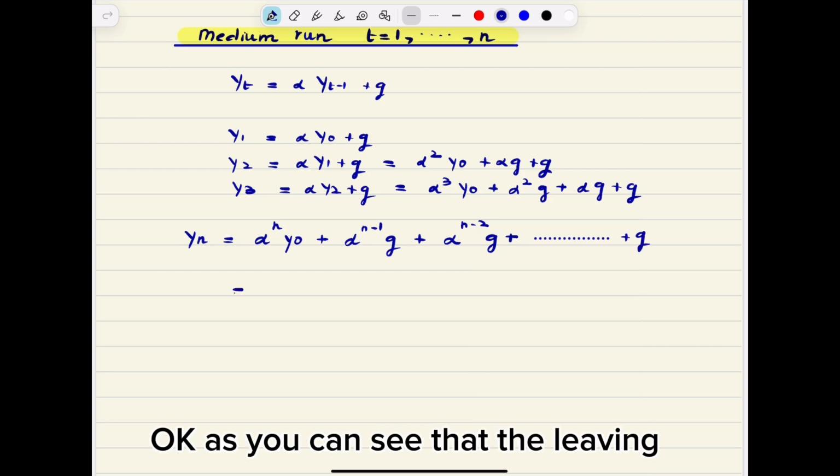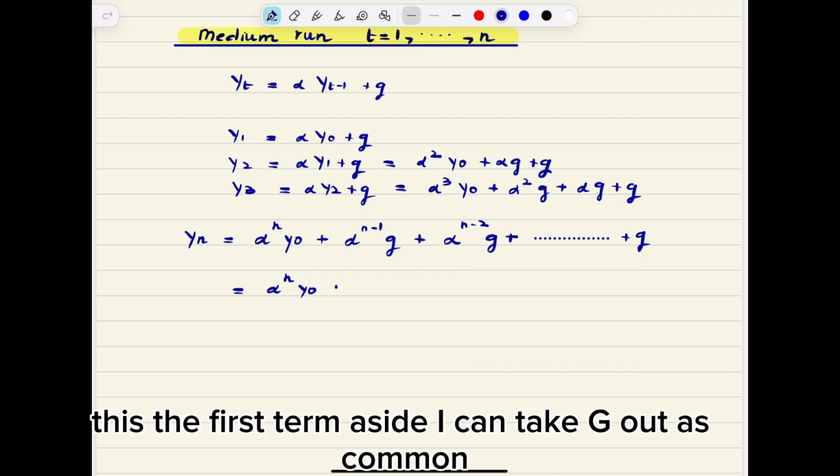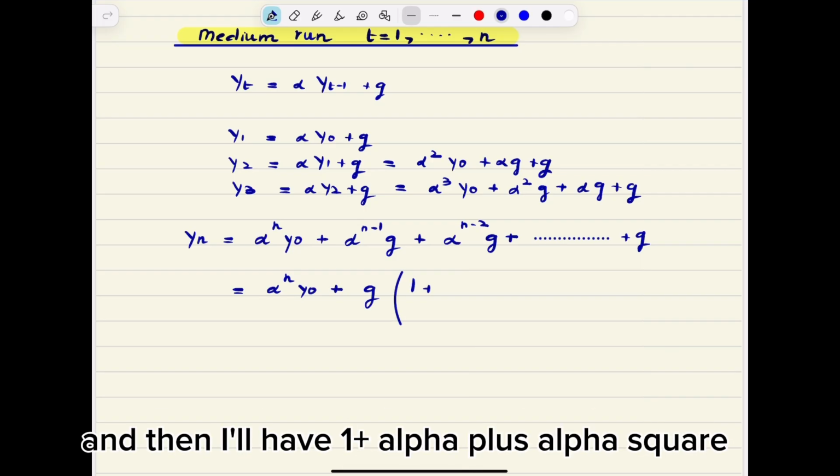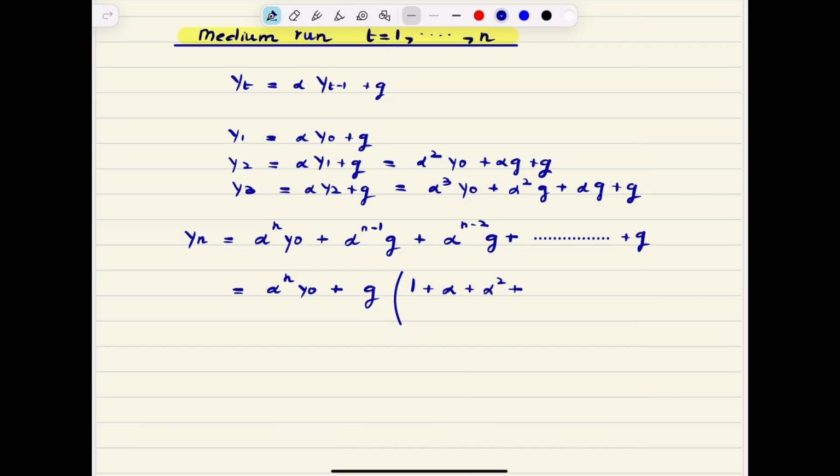As you can see, leaving the first term aside, I can take g out as common, and then I'll have 1 plus alpha plus alpha square till I get to alpha n minus 1.